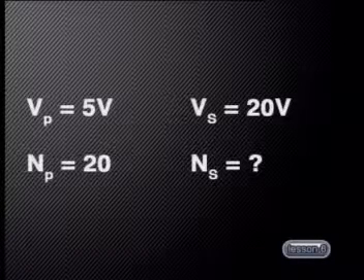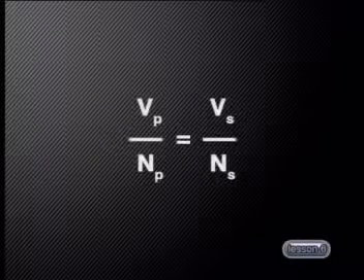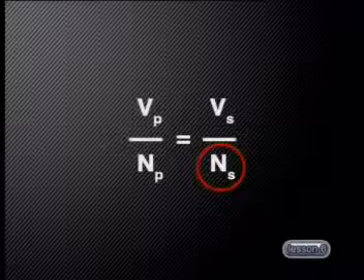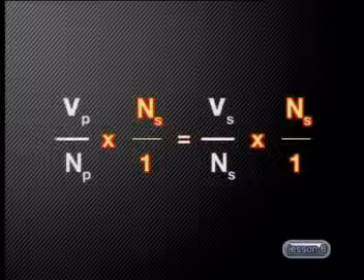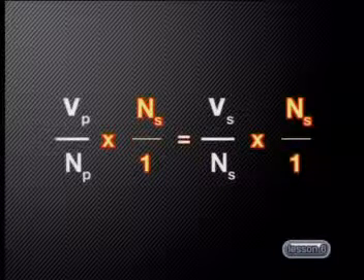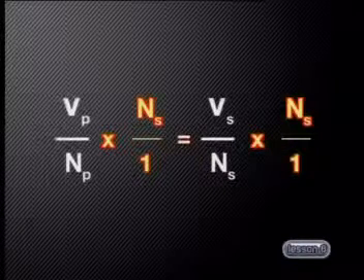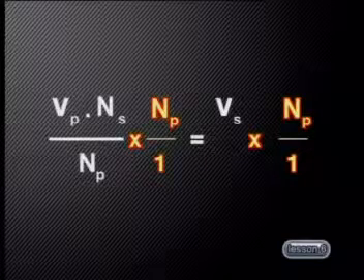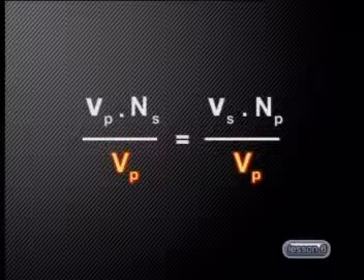Here I have written down the given information and the equation I will use. We need to find Ns, so let's make it the subject of the formula. We multiply both sides of the equation by Ns and Np, and then divide through by Vp.